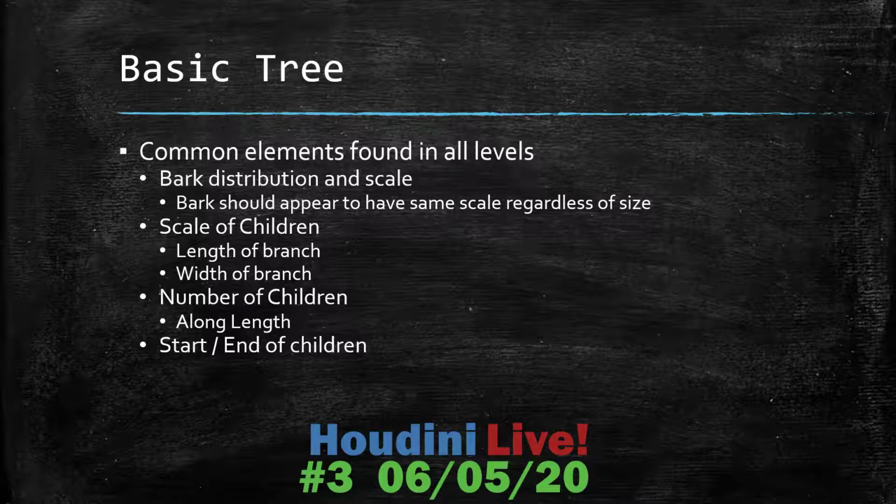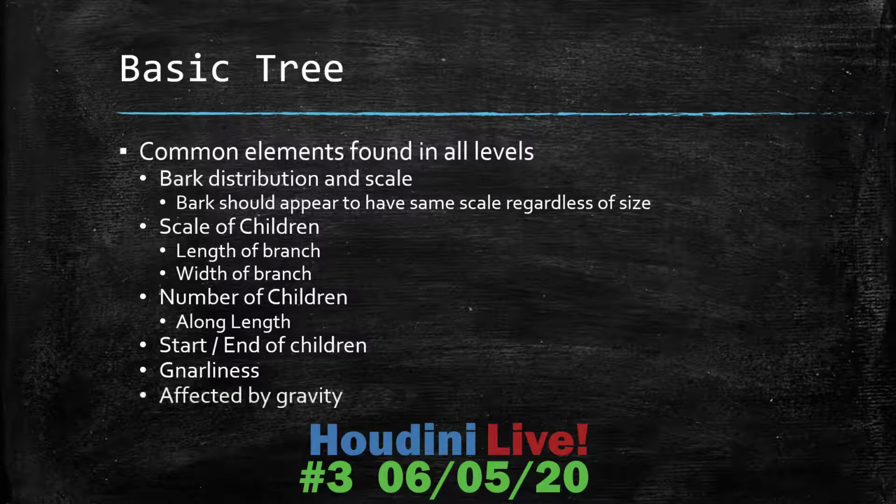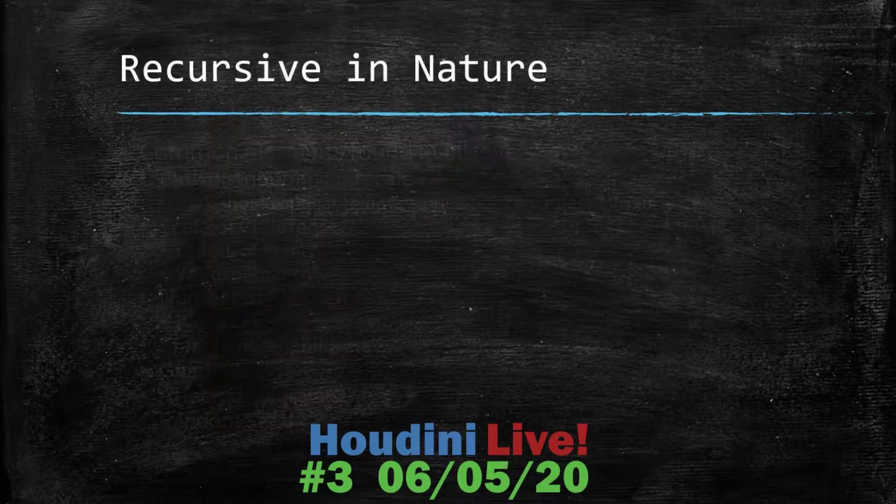No. You've got to actually start the branches at some point along the branch length, and then you get going towards the end of the child. Okay, how gnarliness, how ragged or how knotty or how twisty are these trees? We'll see if we can get to that today. And are these trees affected by gravity? Okay, we've got a random seed that you have to deal with, and all of this stuff.